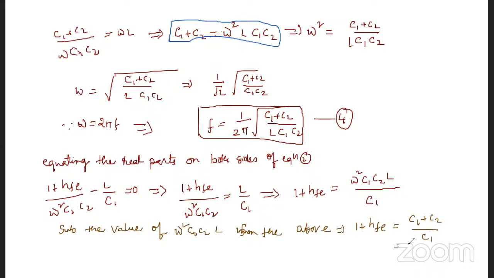So we can write it as 1 plus C2 by C1 also. Therefore, we can get 1 plus HFE is equal to 1 plus C1 by C2.